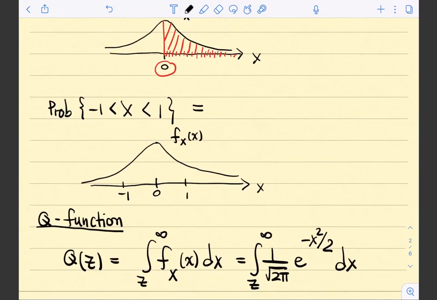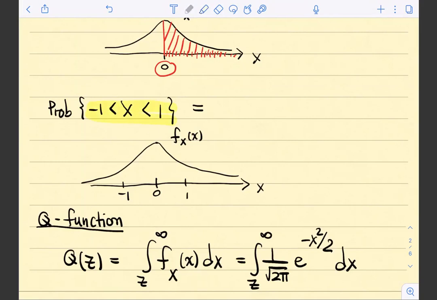Can someone help me with this? How do you find that probability? Apithan. Yes. What do you do? Area under the graph between -1 and 1. Very good. So you look at the event that they are looking for. They're looking for x between -1 and 1.